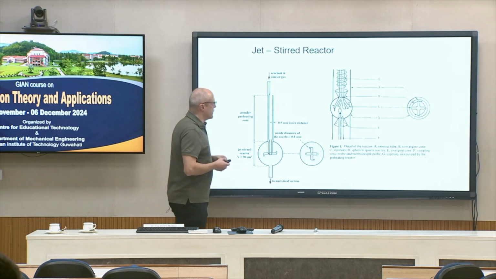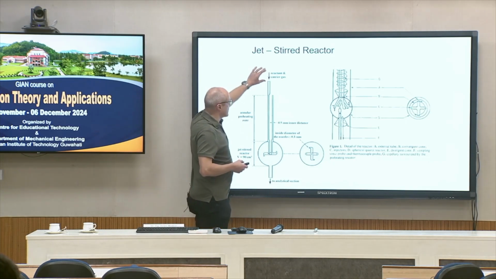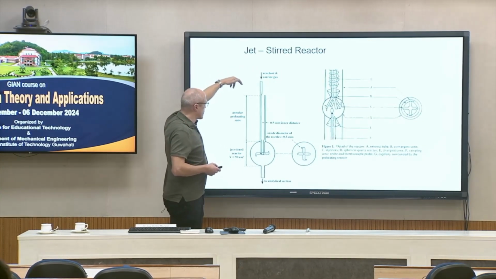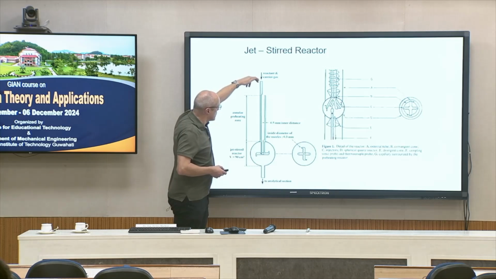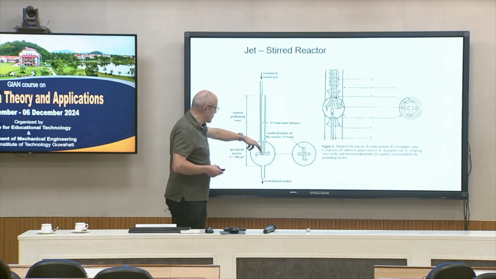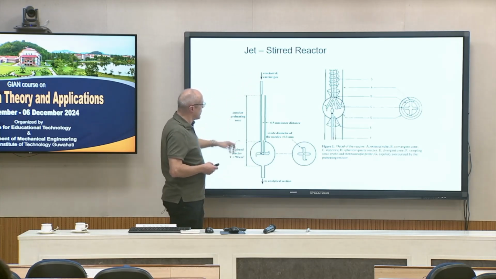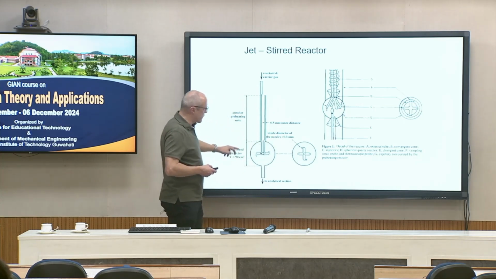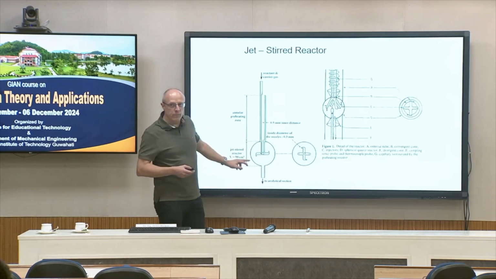The idea is we have a reactant plus carrier gas going through this pipe into our stirred reactor. Here we have a preheating zone, but the interesting temperature is in this area here.